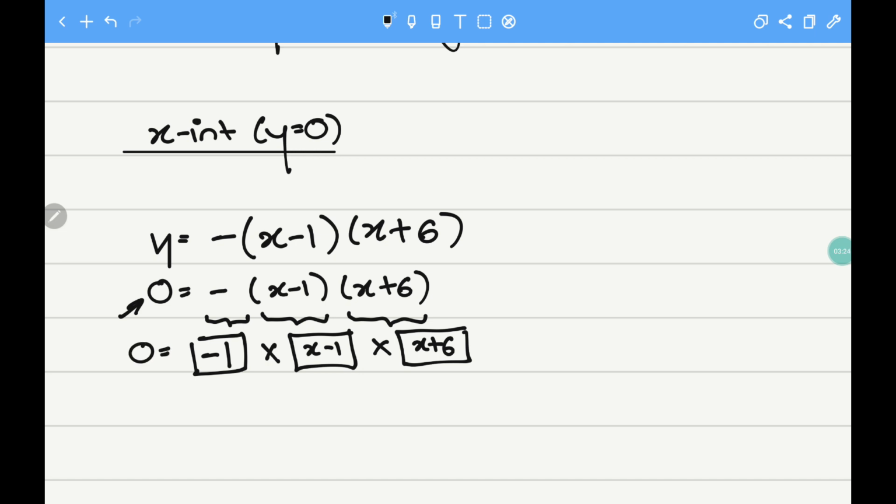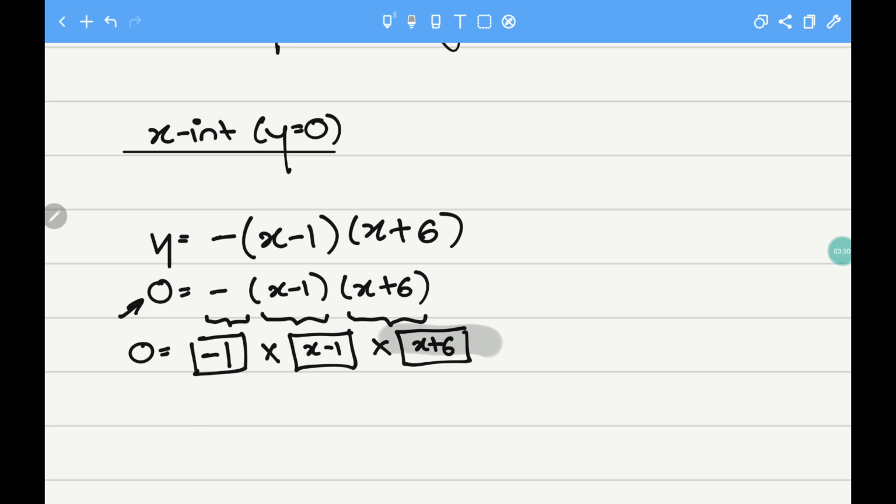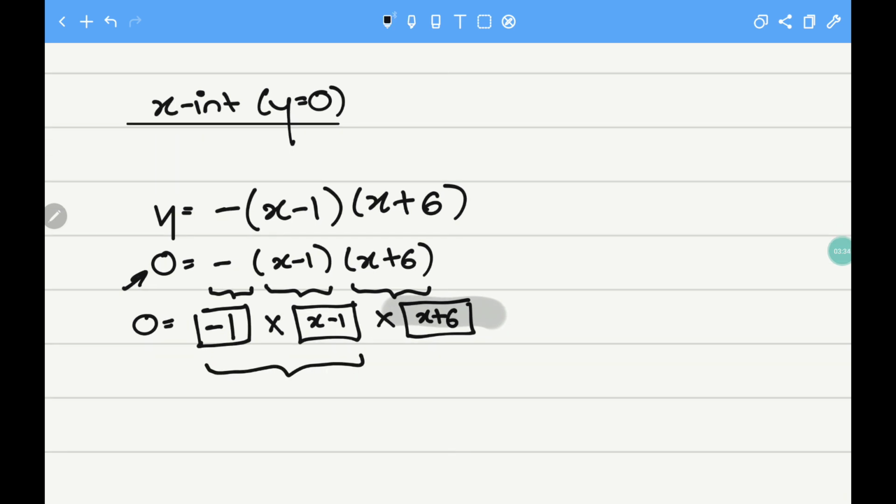So I want you to ignore x plus 6 for a moment and just take a look at these two boxes. The first box is negative 1 times x minus 1 equals 0. Already you know the first box is negative 1. Negative 1 times what equals 0? The second box must be 0.